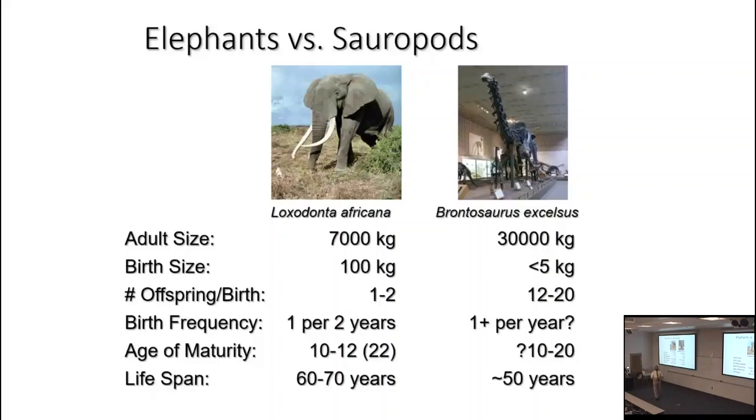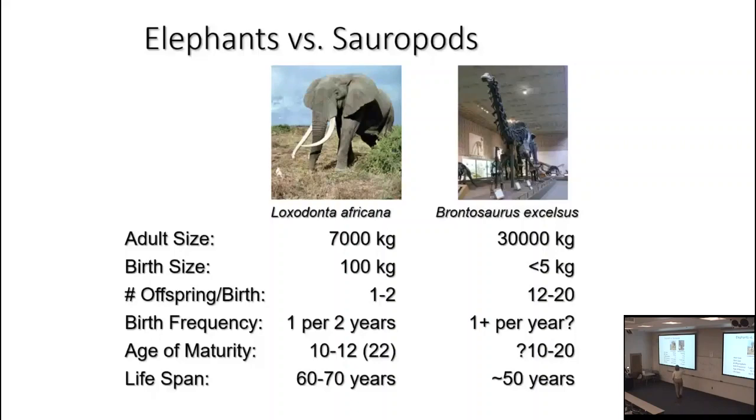We have clutches of eggs in sort of the 24 range for sauropods, but not every egg necessarily is going to hatch. Birth frequency, in the case of placental mammals, as we'll talk about more at the end of today's lecture, gestation period tends to scale with body size. And Loxodonta, the African elephant, has about a 2-year gestation period, at the end of which you get one baby.